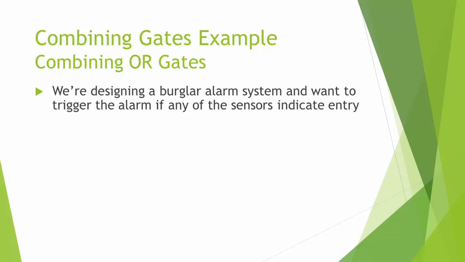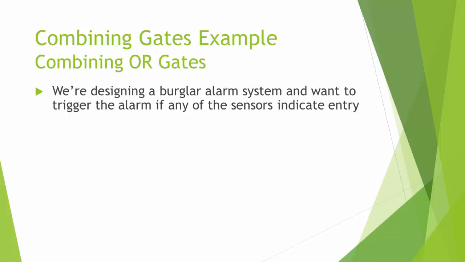So the sensor gets triggered. Maybe it's a proximity sensor or a window or a door sensor for vibration. But the signal from that sensor goes to high. And we want the alarm to trigger immediately and trigger sirens and all kinds of crazy things.